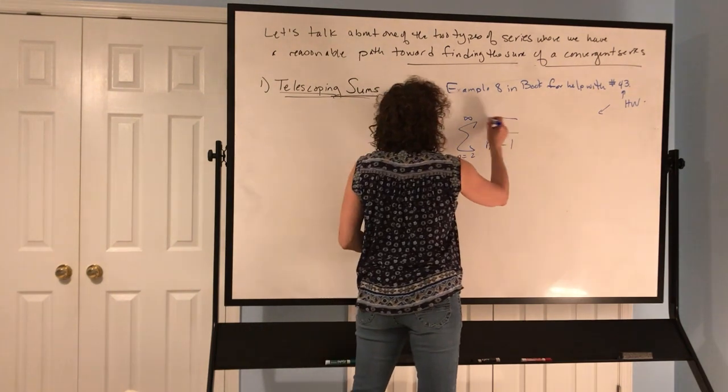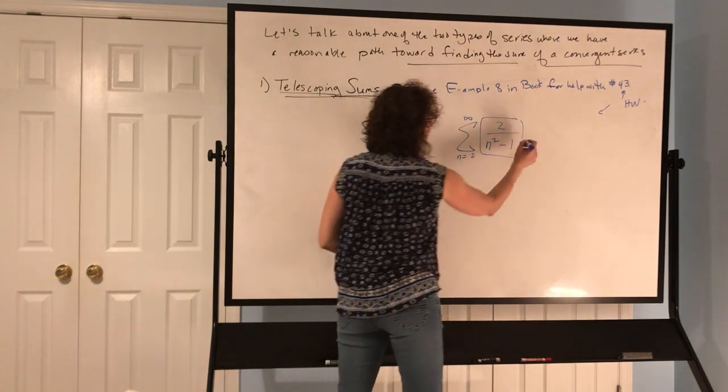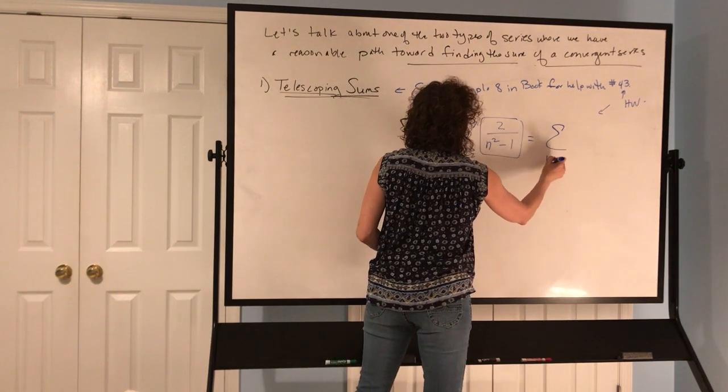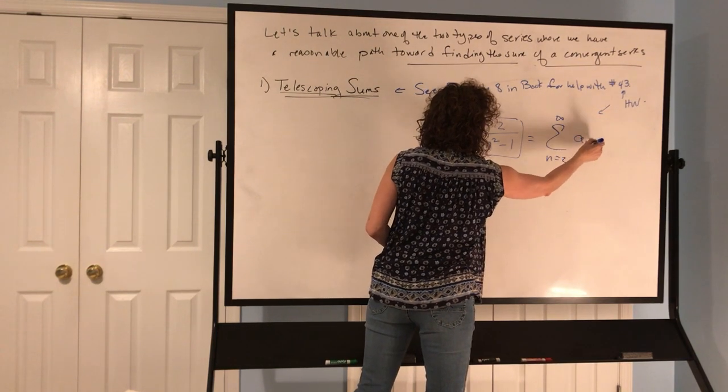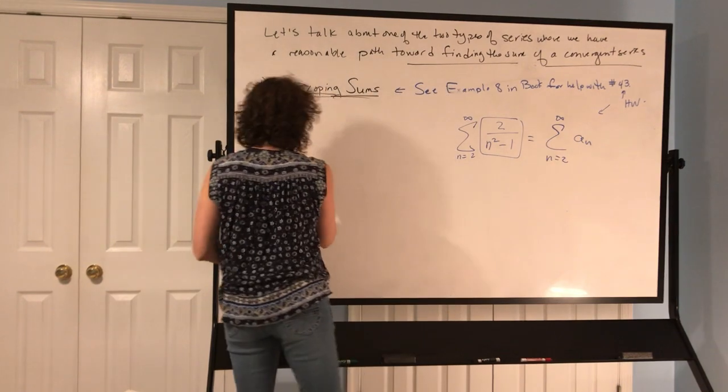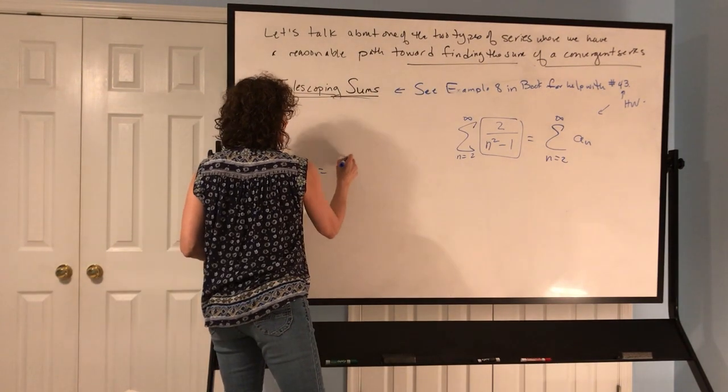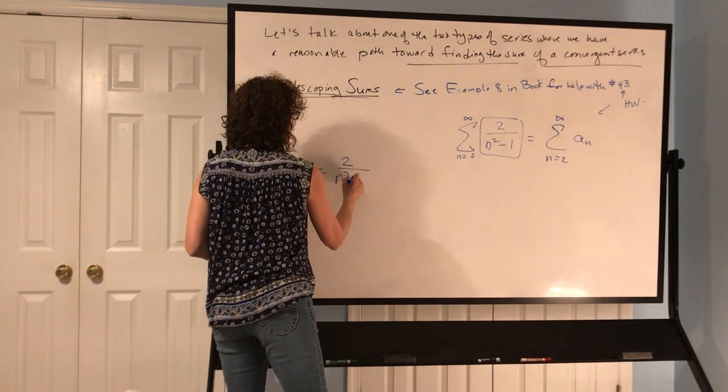Well, let's look at this guy, right? This is our a sub n, the sum n equals 2 to infinity of a sub n, so your a sub n is 2 over n squared minus 1.